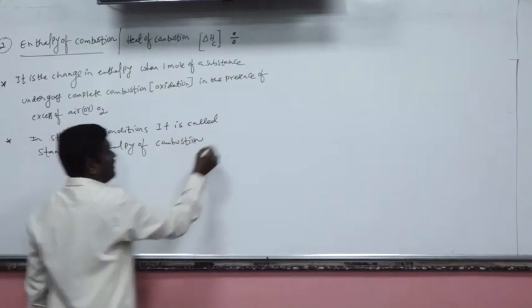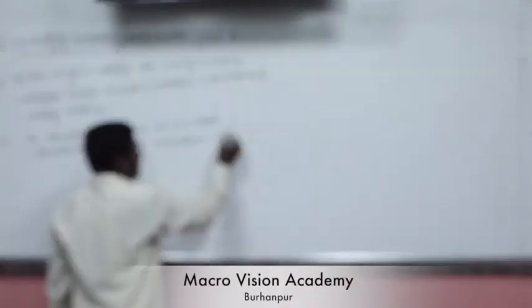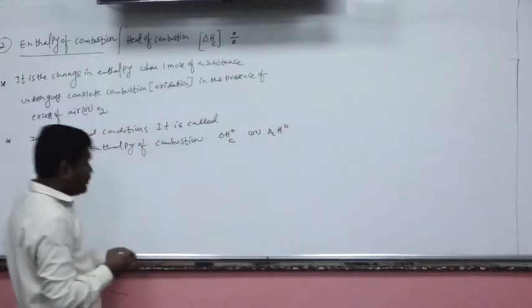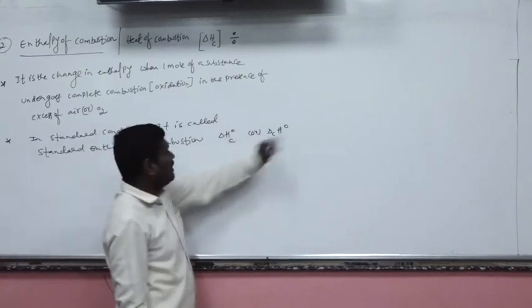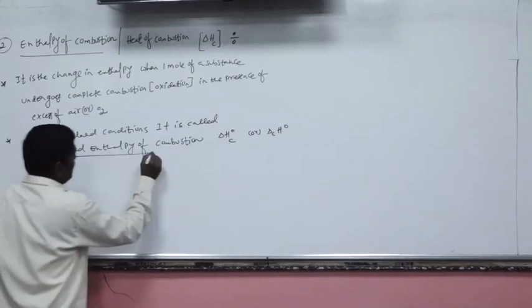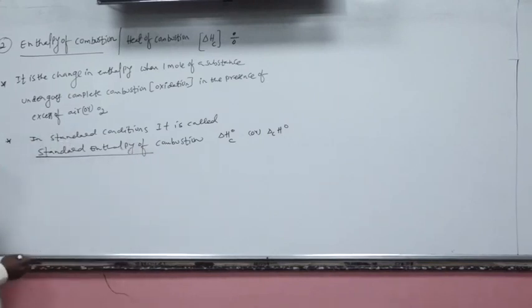Standard enthalpy of combustion is represented by delta H naught C or delta C H naught. Whenever superscript 0 is not given to you, we have to consider the data given in the question as standard condition or under specified condition.